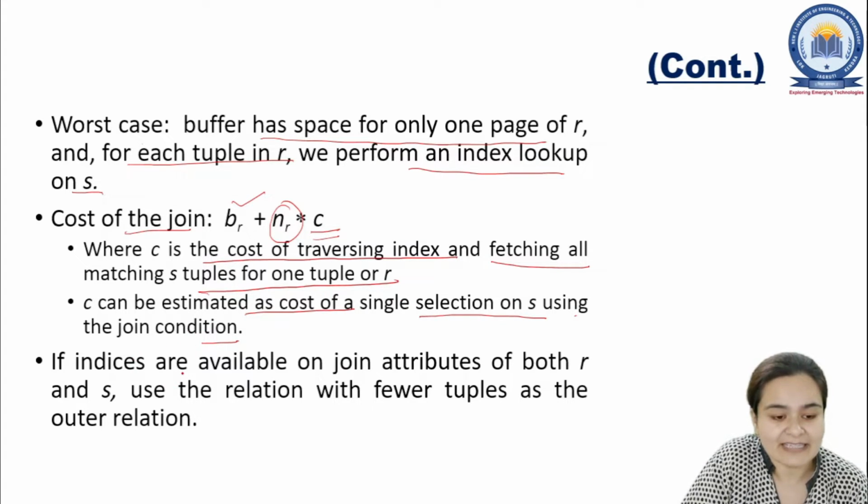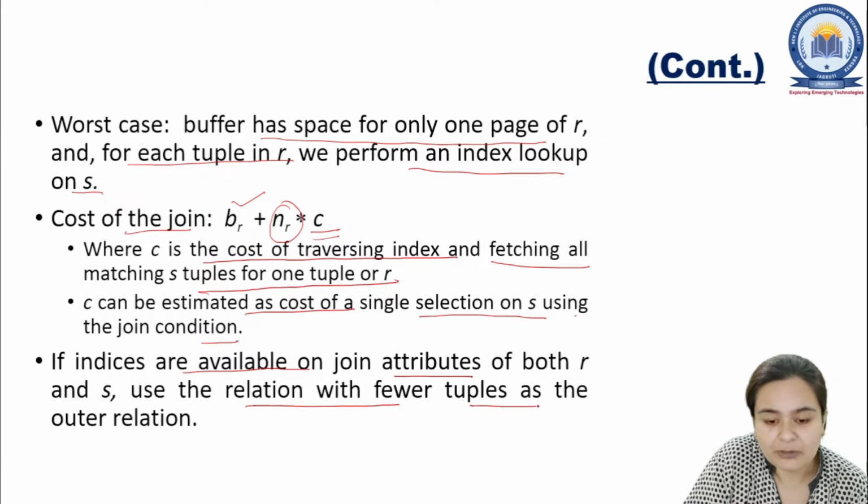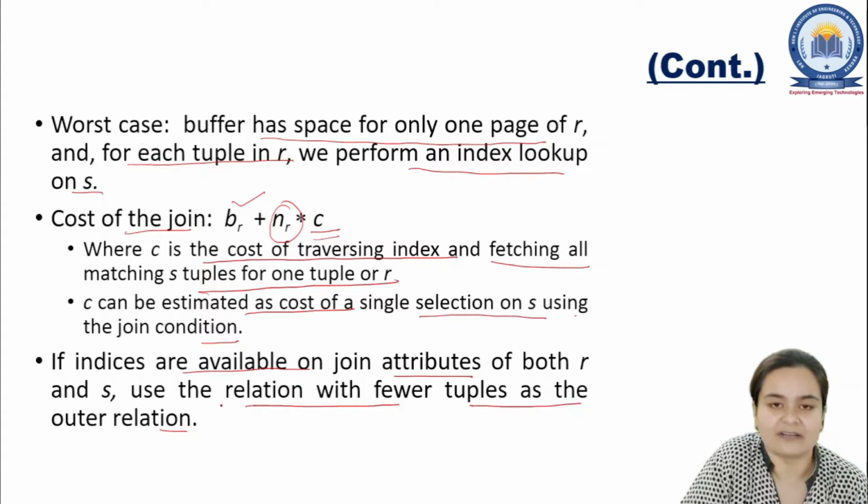If indices are available on the join attribute of both R and S, we can use the relation with fewer tuples as the outer relation.